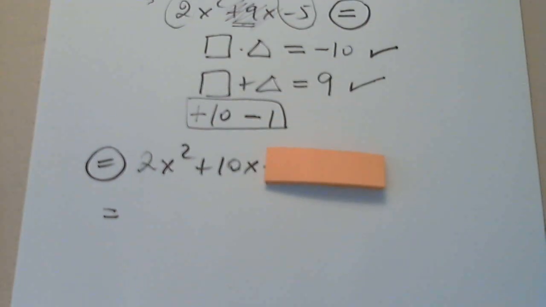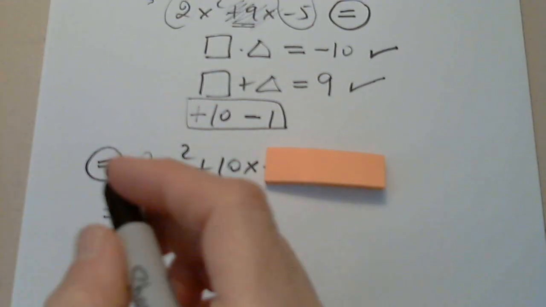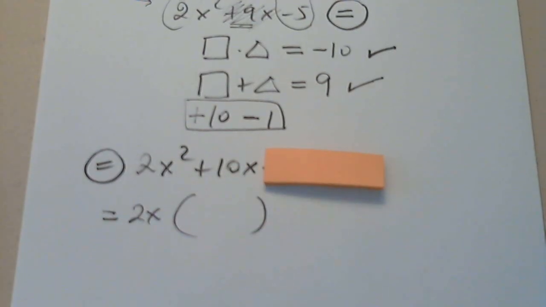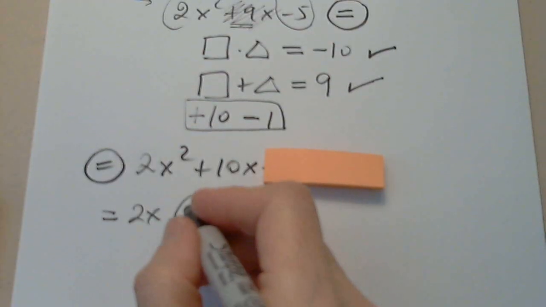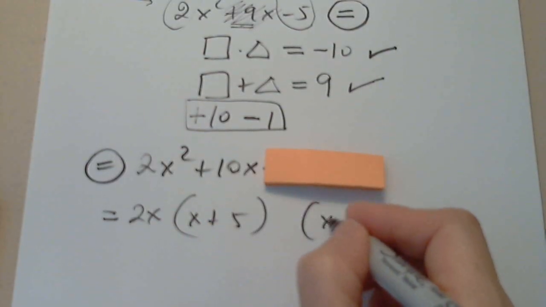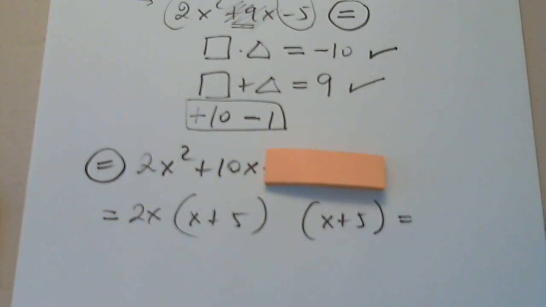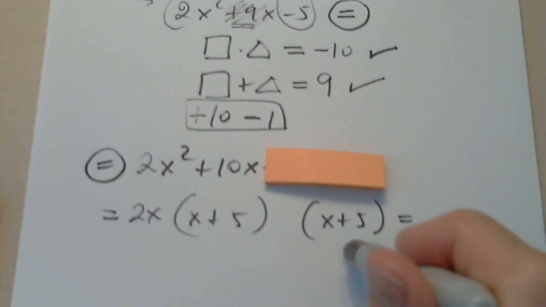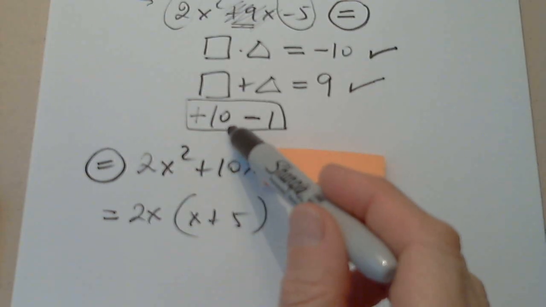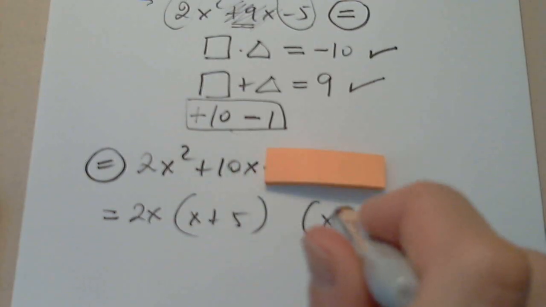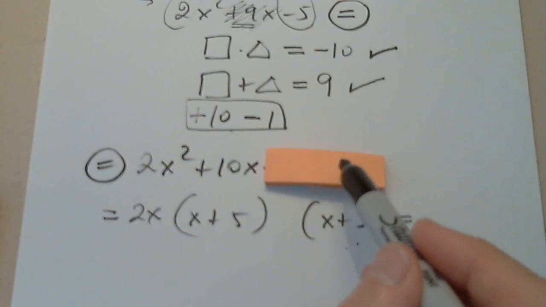So what do we factor out from the first 2 terms? 2x. Indeed. What is left in parentheses? x plus 5. If I do not get an x plus 5 from the other 2, I made a mistake. How come? I know that this is a factor because I already found the 2 numbers that work. So this must be a factor coming out from the other 2.